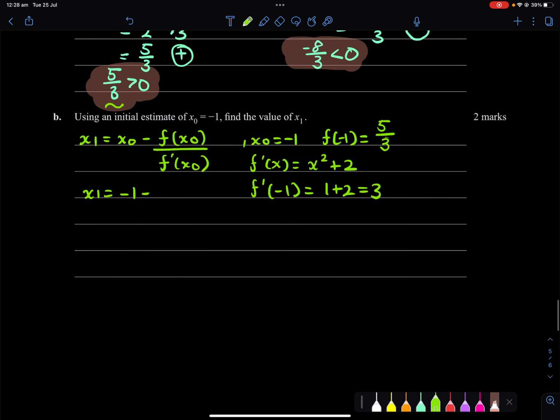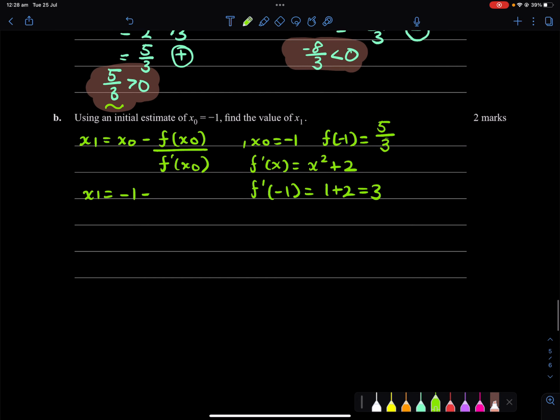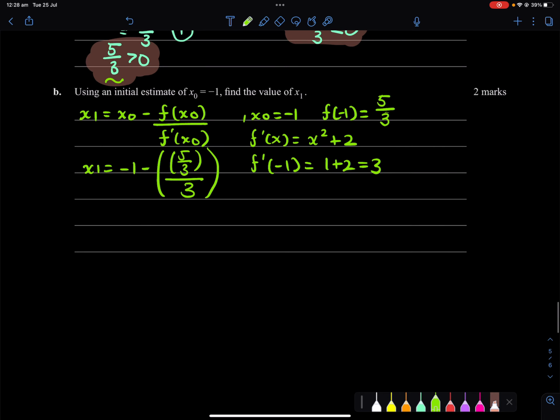So 5/3 over 3, which is x1 equals -1 minus 5/3 divided by 3, which is 5/9.